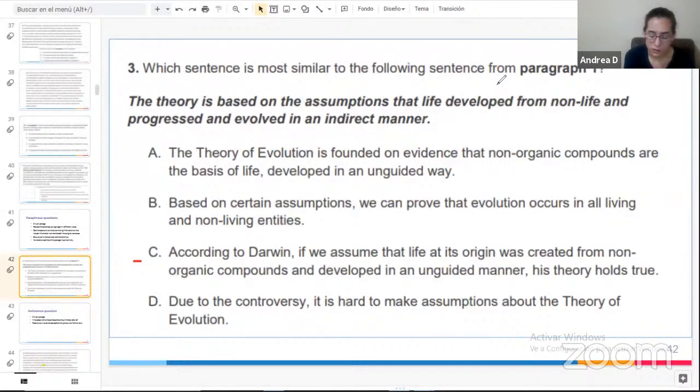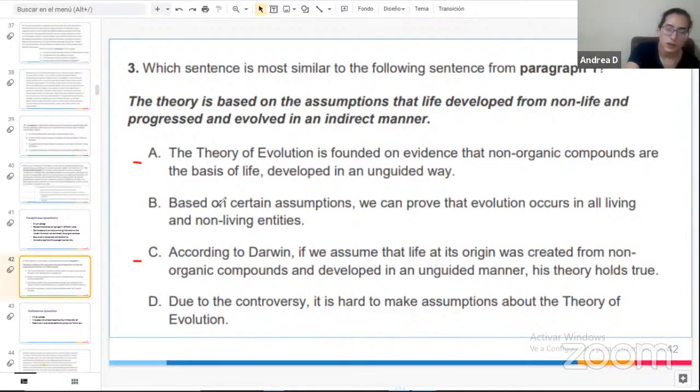Anybody else? I'm actually between option A and C, so I'm not sure. Okay. Joel, what would you say? I think it's A, teacher.